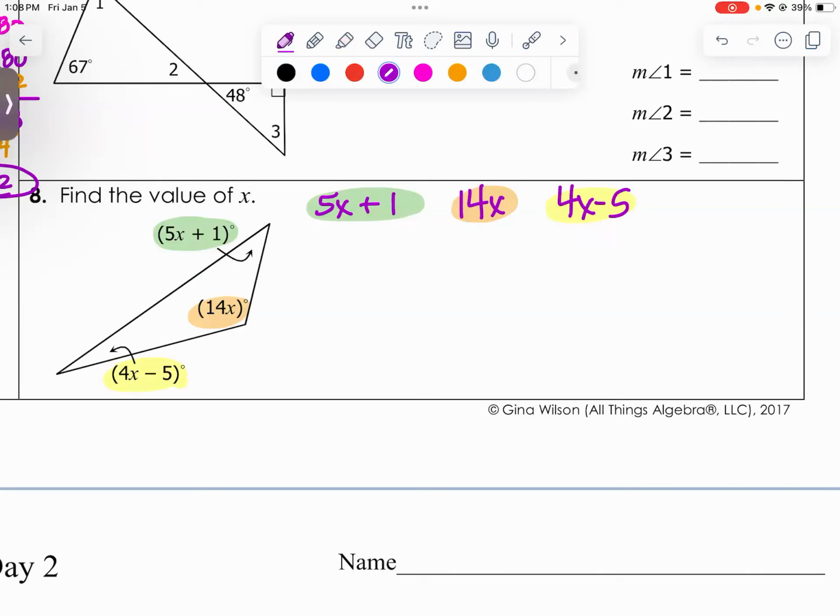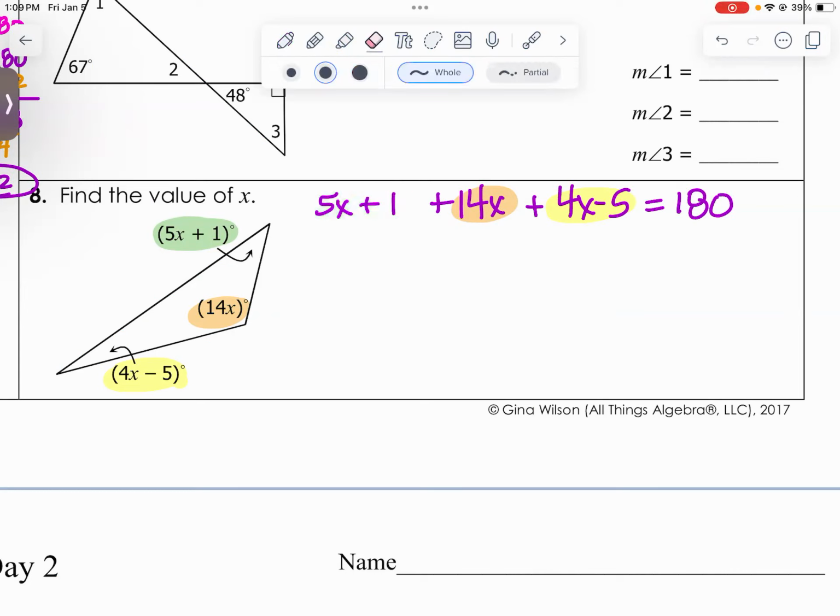And what operation do we need to put there? We need to add these 3 things together. And when we add them together, what should they equal? 180. They represent 3 angles of a triangle. When we add them together, they're going to equal 180.